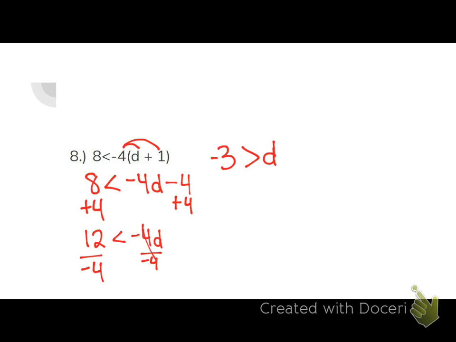But now what do I have to do before I can graph? Flip it? Flip the whole thing because we want the variable to be on the left. Now when we flip it over, the sign on the -3 is not changing. It's just moving over, but the inequality symbol in the middle has to flip over.